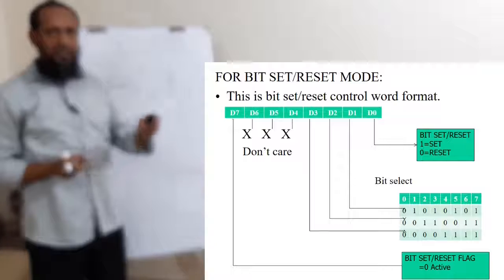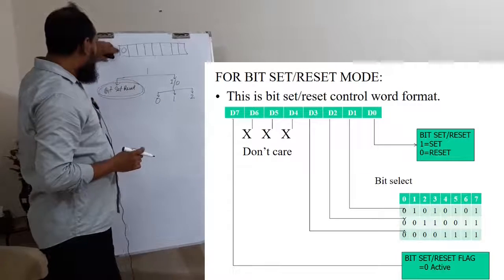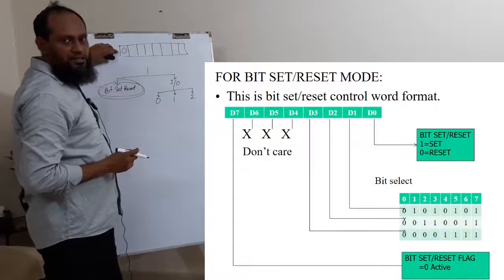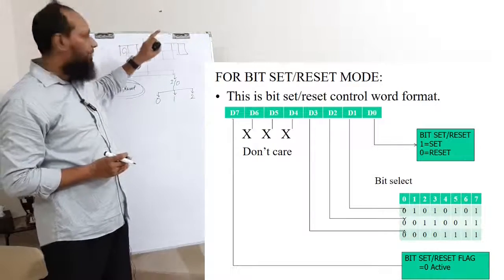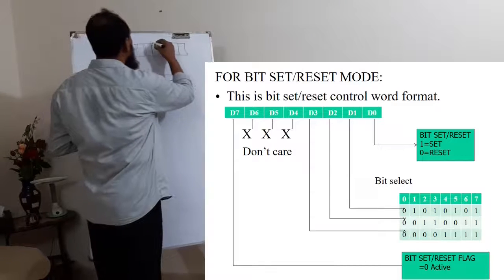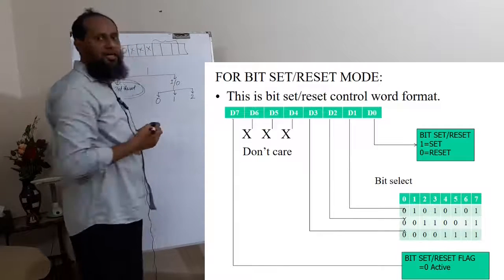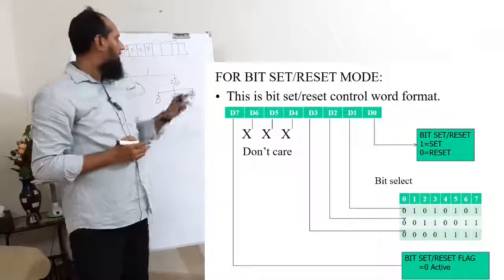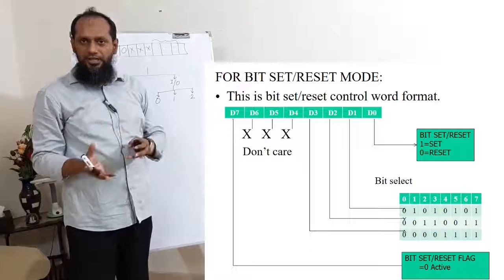Since we are discussing bit set reset mode, the MSB, that means D7, should be 0. The next 3 bits are don't care. And these 3 bits will be used for selecting the pin of port C, and this will be used for set or reset.